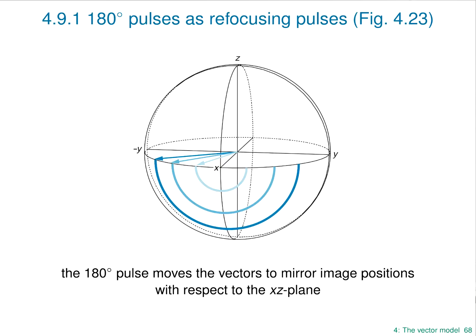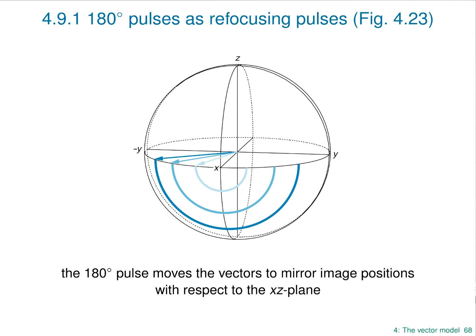And that's what this picture here is trying to illustrate. So concentrate on the dark blue vector first. So that's a typical magnetization vector. It's at some kind of arbitrary position in the XY plane. And the 180-degree pulse is a rotation about the X-axis, which is coming towards us.